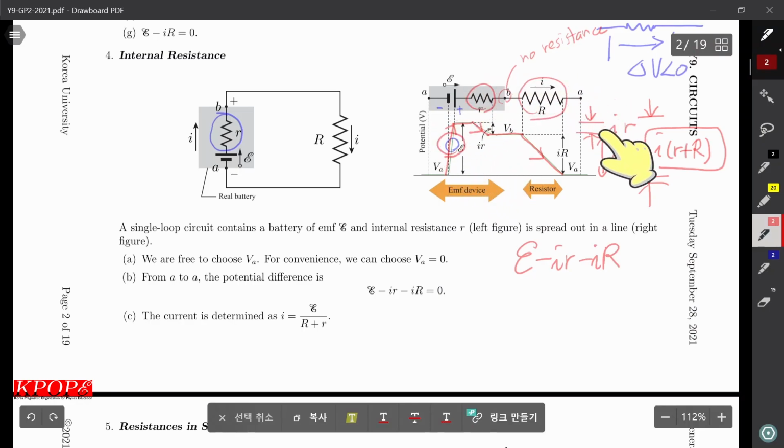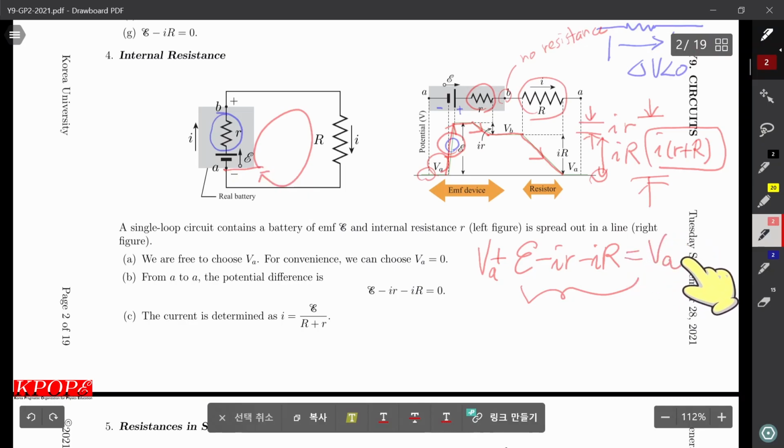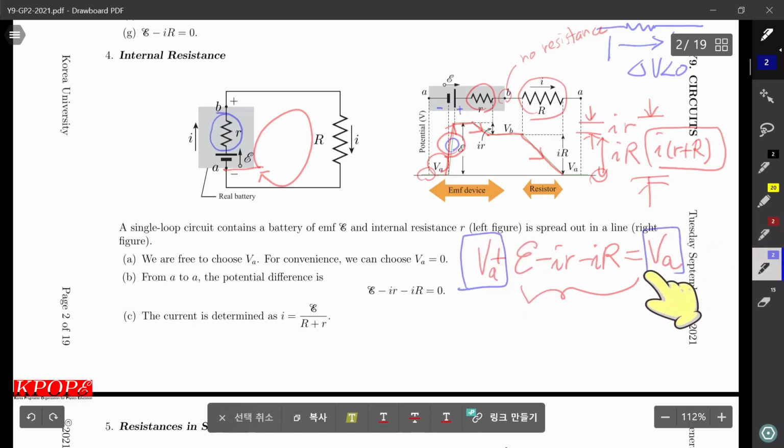After you make a complete loop, you return to the same position, and if you put the potential of the point A to be VA, you reach the same electrostatic potential. Because these two are the same, they cancel.